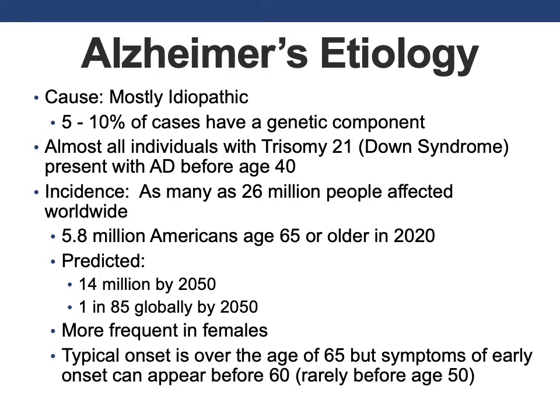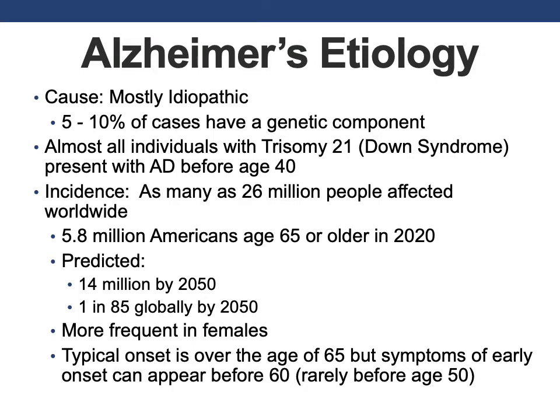Alzheimer's will affect approximately 5.8 million Americans aged 65 or older in 2020. The CDC predicts 1 out of every 3 seniors will die of Alzheimer's disease. The U.S. numbers are expected to increase to 14 million by 2060 and 1 in 85 globally by 2050.